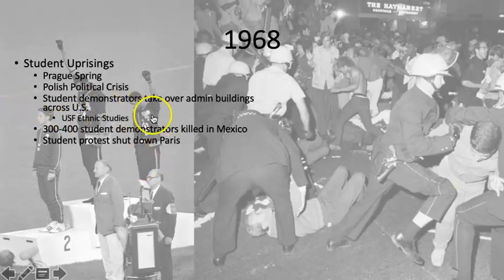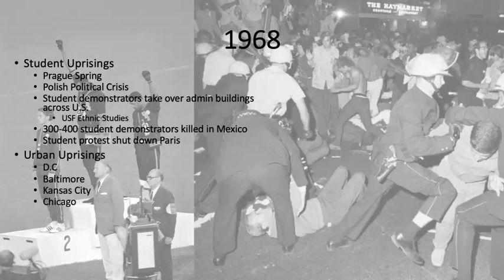This is the beginning of ethnic studies, and a diversifying of the canon, both in English and history and other traditionally conservative disciplines. Urban uprisings throughout the United States as well.